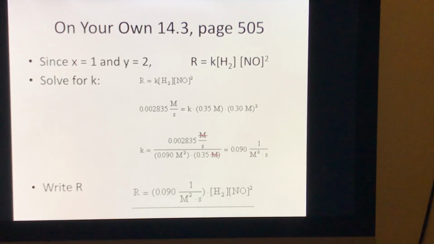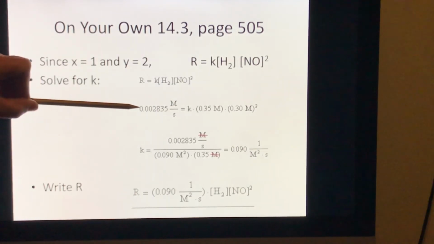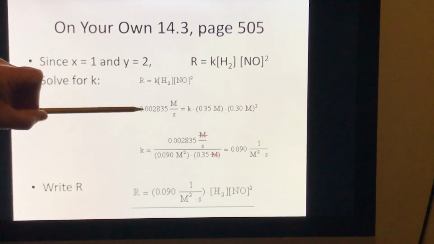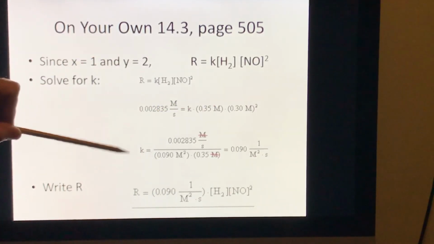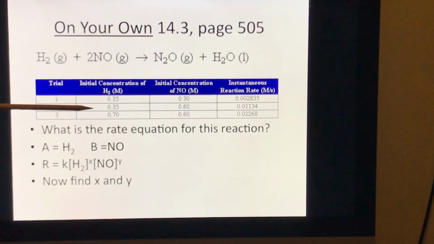Okay, so we know X is equal to 1 and Y is equal to 2. And so we can write our rate equation: K times the hydrogen gas, there's like an imaginary 1 there, times the nitrogen monoxide to the 2. Then we can put in data from one of the trials. It could have been any of them, but in this particular case we're using these numbers, back from the table, trial 1 probably.